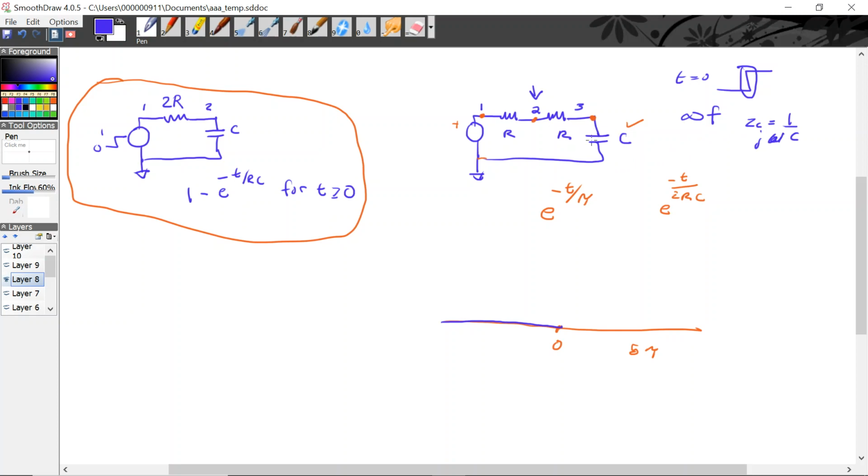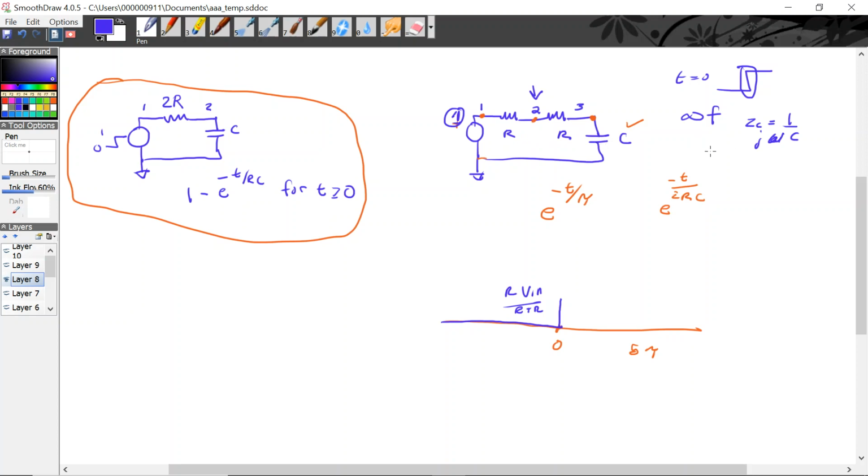So even though I'm at 1 volt right at the step, this is shorted, and so I have current flowing, and I get a voltage divider. It will be V in times R divided by R plus R. If they're the same, it'll just be 1/2.